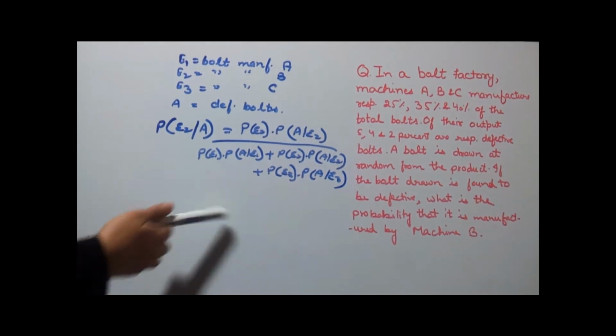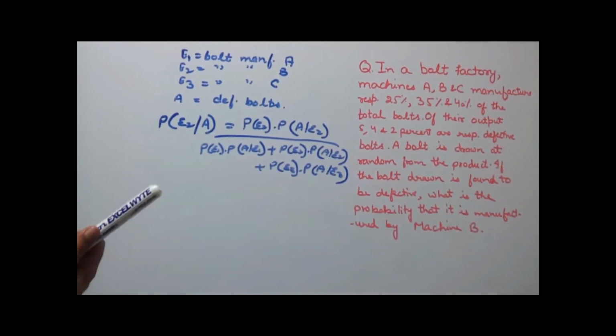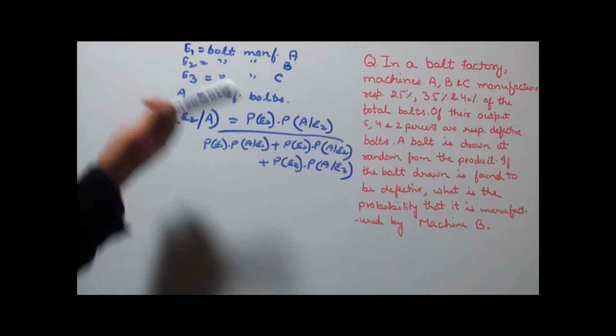Now we need to put the values in this formula. So first we need to calculate the probability of E1, E2 and E3.